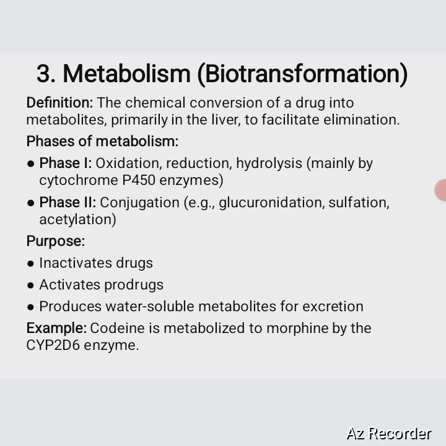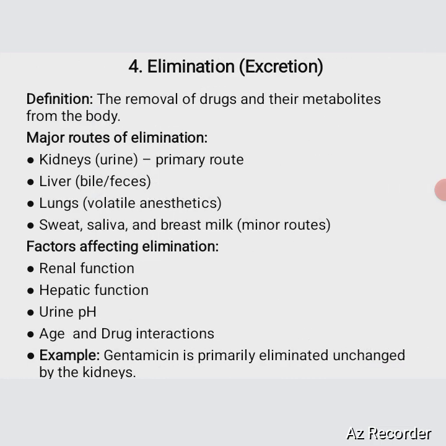If you are facing a long-term disease like cancer or diabetes, we can suppress the genes, that is, inactivate the cells. That is the purpose we take them for. Both phases produce mostly water soluble metabolites for excretion. For example, codeine is metabolized to morphine by the cytochrome P2D6 enzyme.